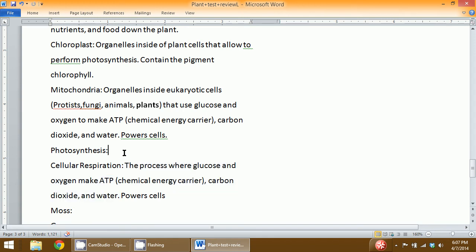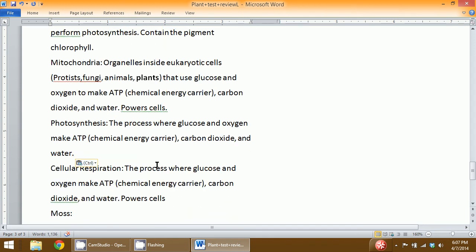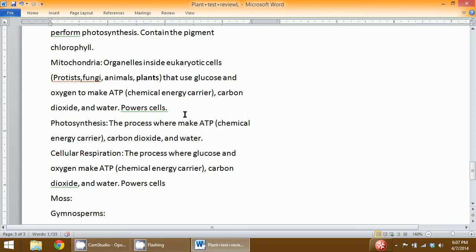So this is kind of fun because with photosynthesis, I can demonstrate that it truly is the opposite. If I want to make this correct, I can simply take the glucose and oxygen and say that that is what is made.